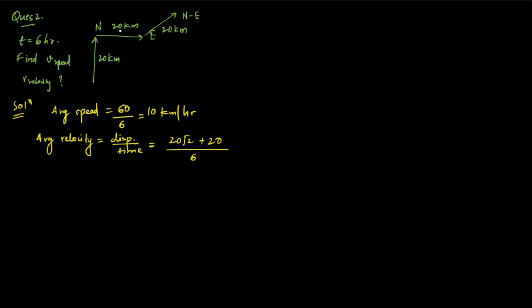So in order to find out the displacement, initial position is this, final position is this. This must be the vector. So this is 20 kilometers per hour only. We have to find this one.